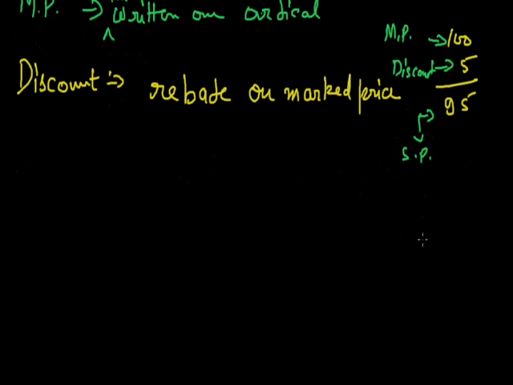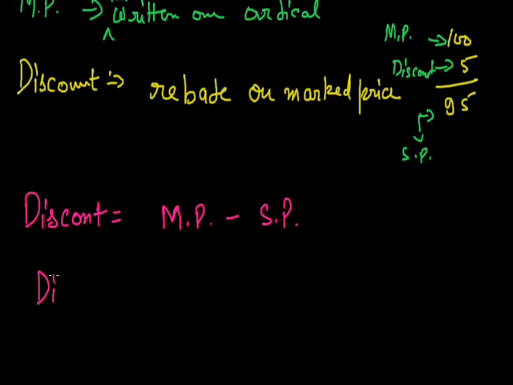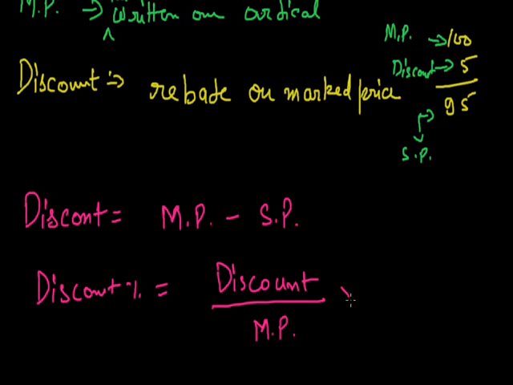Now if we want to calculate the discount, it will be equal to mark price minus selling price, and if you have to calculate the discount percent, it will be equal to discount upon mark price into 100.